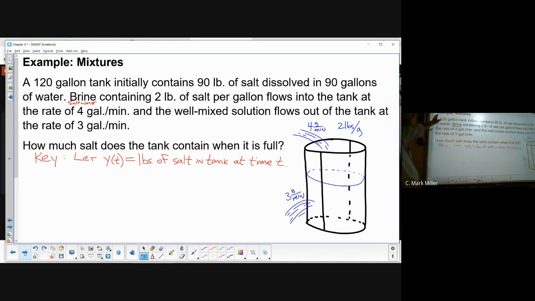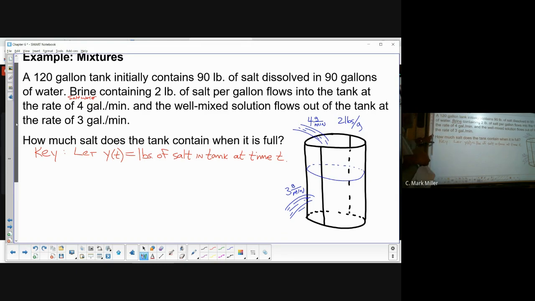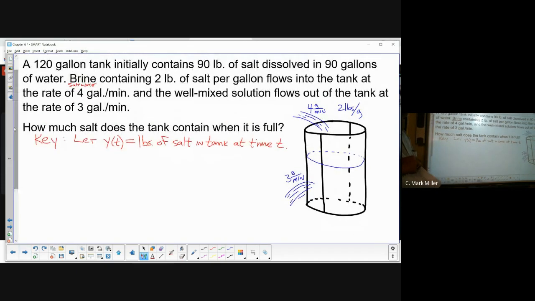Now we're going to have to go up here and identify, this is also key, two things. What are you given? And what do you seek? We are given how many pounds of salt are in the tank at t equals 0.